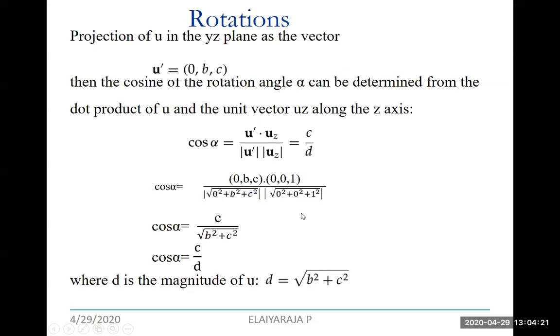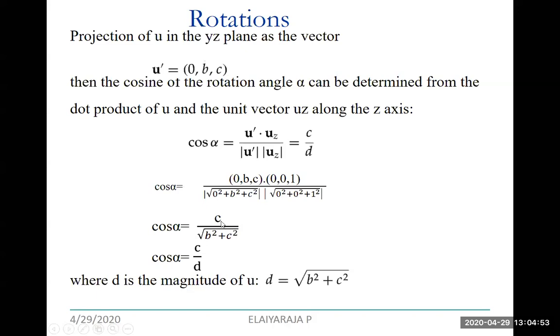When you perform the dot product, you get 0 into 0 is 0, b into 0 is 0, c into 1 is c, divided by the magnitudes of u dash as well as the unit vector along the z axis: root of 0 square plus b square plus c square, then root of 0 square plus 0 square plus 1 square.